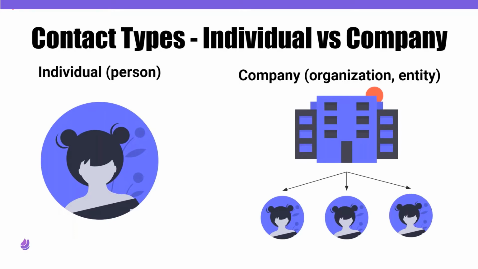Okay, there are 2 contact types that you can import into Keela. When you're looking at your contact data, think of two different entities. We've got individuals and companies, and we store them in quite a unique way. An individual is a person, so it's a contact. Think Mickey Mouse. A company is an organization or entity that can be a standalone profile.